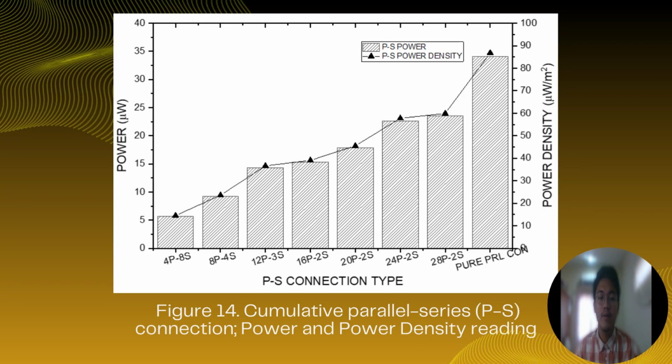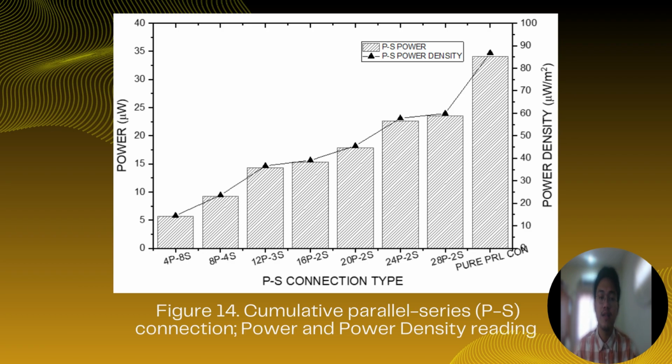Now for the power and power density of the parallel and series hybrid connection, it is significantly different from the series parallel hybrid connection. The same trend was revealed as with the voltage and current generation. The power and power density also increase as the parallel connection increases in hybrid systems.